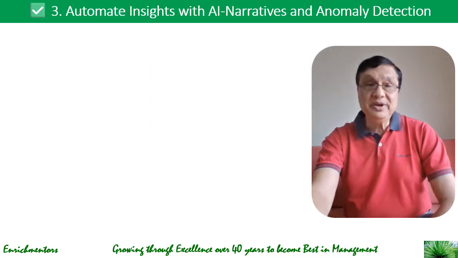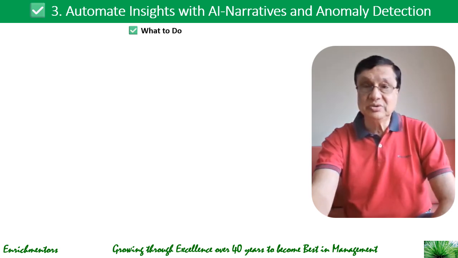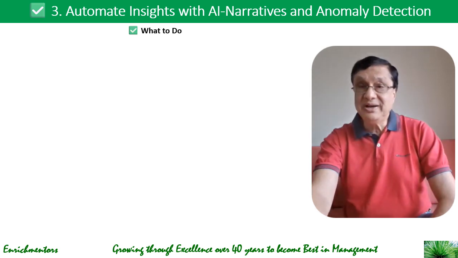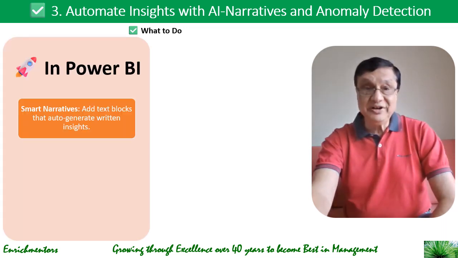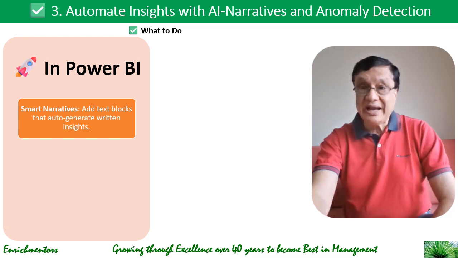Then the third step would be to automate insights with AI narratives and anomaly detection. And there what you need to do is to use built-in AI features to detect insights without manual slicing. Remember the word, automatically, without manual slicing. Now what you can do in Power BI, you can use smart narratives, where you can add a text block that auto-generates written insights.